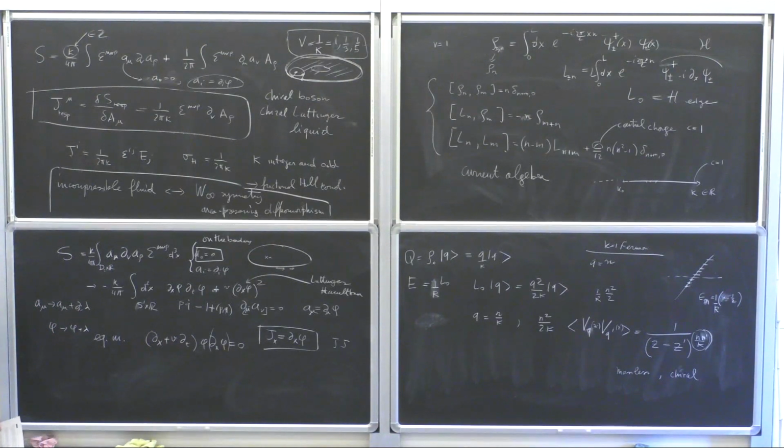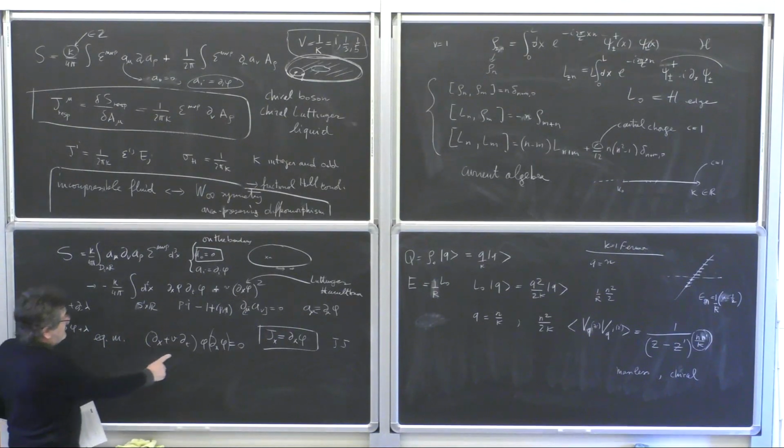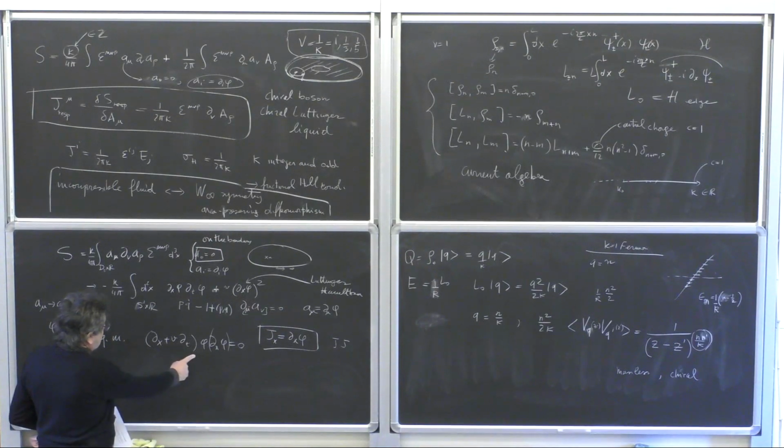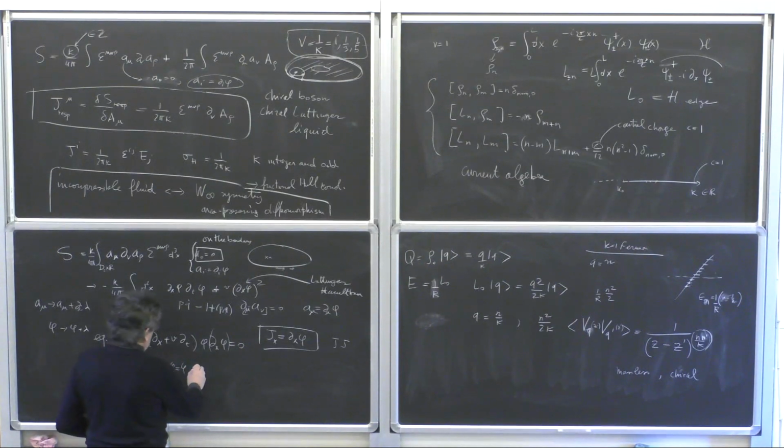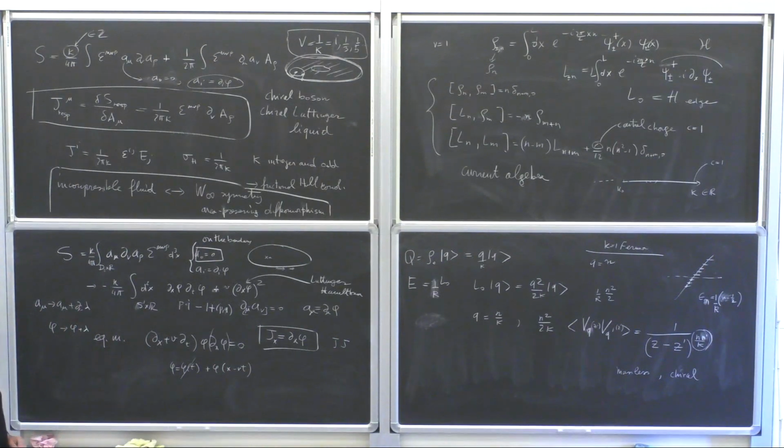And so this is a chiral wave. You see, the solution of this equation of motion are phi of t, which you're not interested in, and phi of x minus vt. So it's a chiral wave.